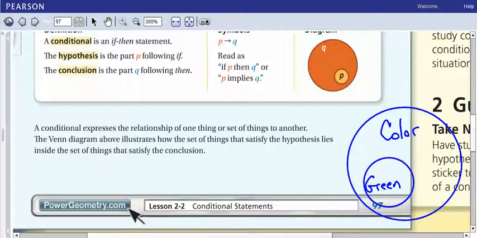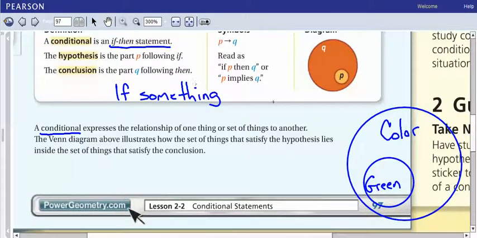How could you write that as a conditional? Because a conditional is an if-then statement. Could you say, if something? You're allowed to add some words to make the statement make sense.